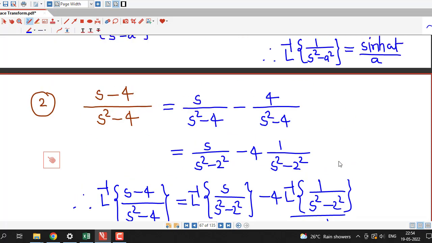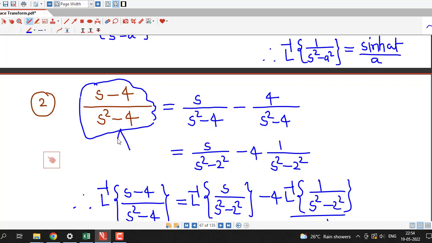So sometimes if we don't have a ready-made formula for a given function, then we have to rewrite our function in terms of those functions of s whose inverse Laplace transform formula is known to us.